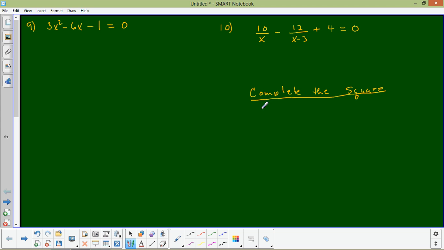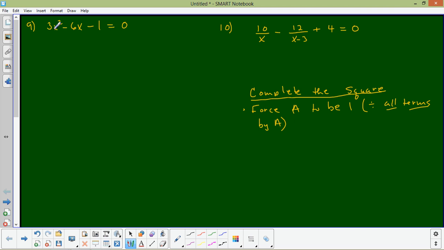The first bullet point for the complete the square process, which is typically used with a quadratic equation, is to force a to be 1, right? And by a, we mean the coefficient of the square term. And you do that by dividing all terms by a.